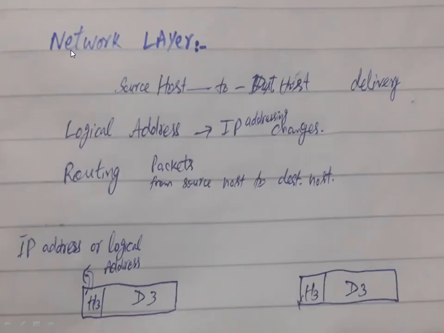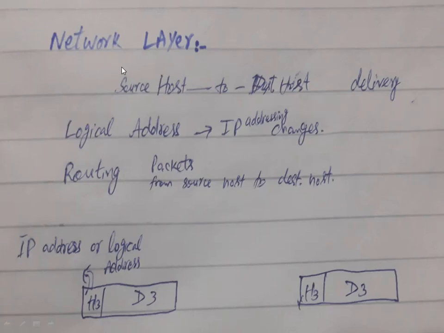And the next one is the network layer, that is host to host delivery, source host to destination host delivery. At the network layer, a header is also added that deals with IP addresses or logical addresses, and this is the receiving end.